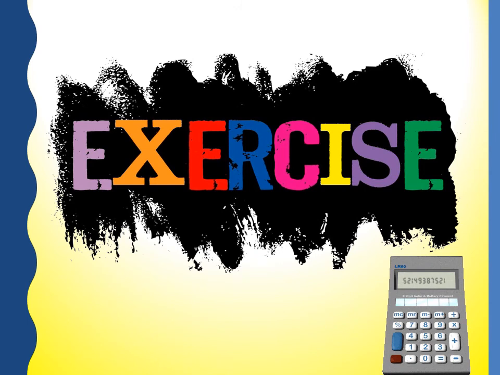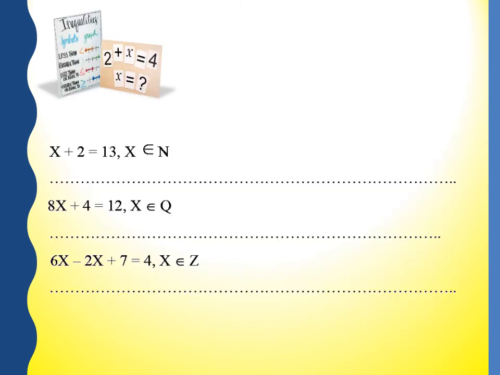Now let's have certain exercises. X plus 2 equals 13, x belongs to N. I need to find the solution set of this equation in the set of natural numbers. Here plus 2 goes to the other side, negative 2, then x equals 11 and the solution set is 11. Second one, 8x plus 4 equals 12, plus 4 goes to the other side, negative, then 8x equals 8, then x equals 1 and the solution set is 1.